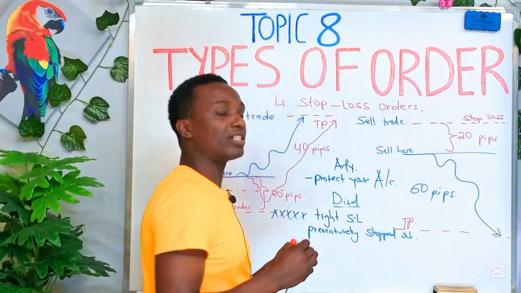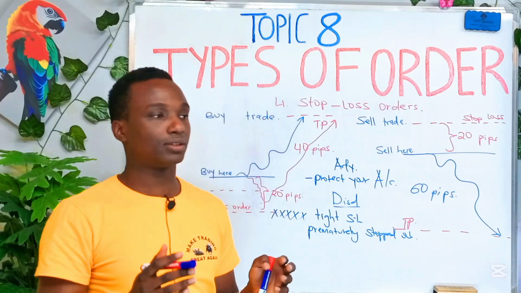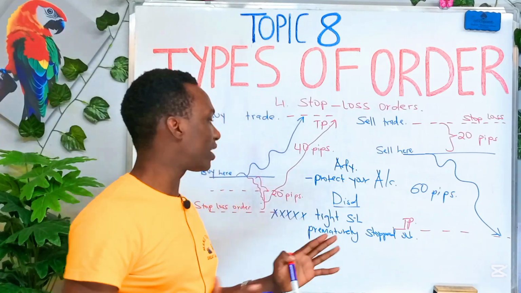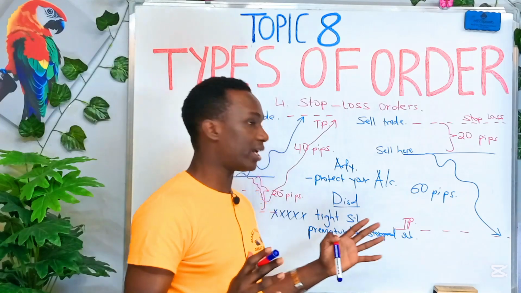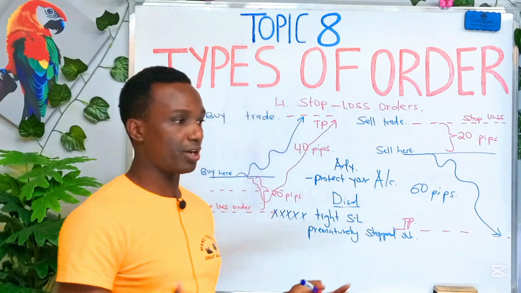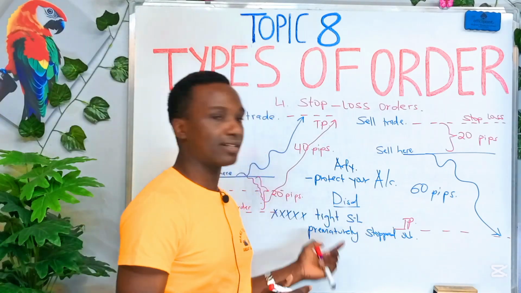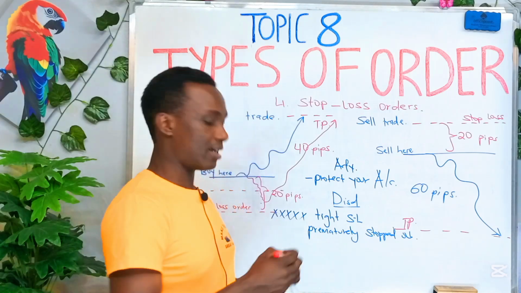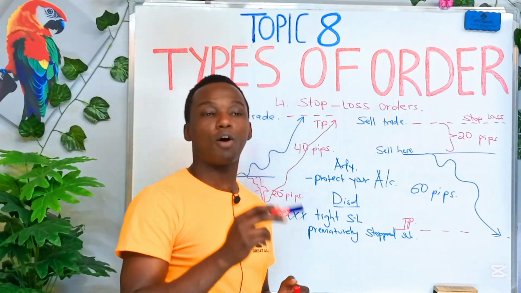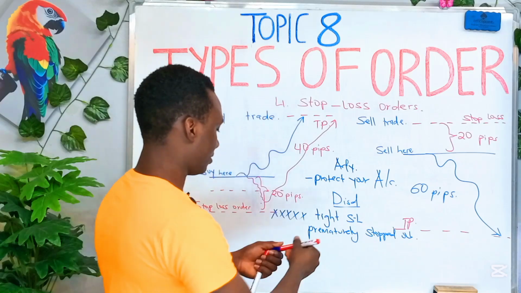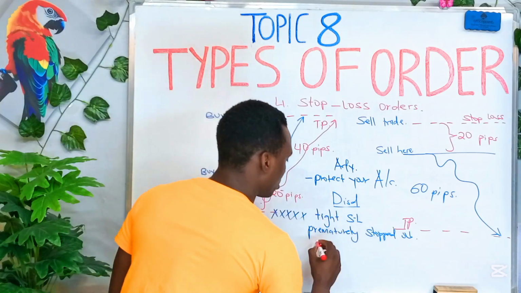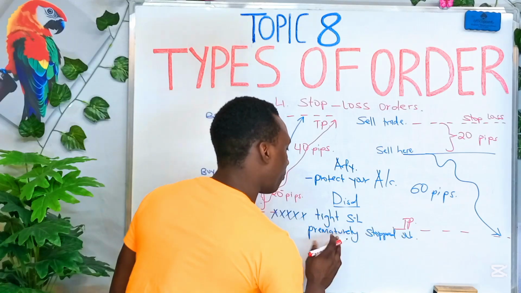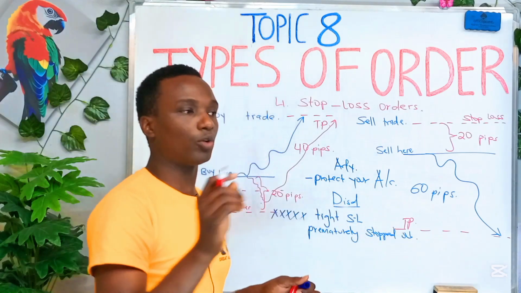All right. So it is very important to put breathable stop losses so that you may give your trades some time to breathe. All right. Yes. So you will find some traders using the word stop hunts for prematurely stopped out trades.